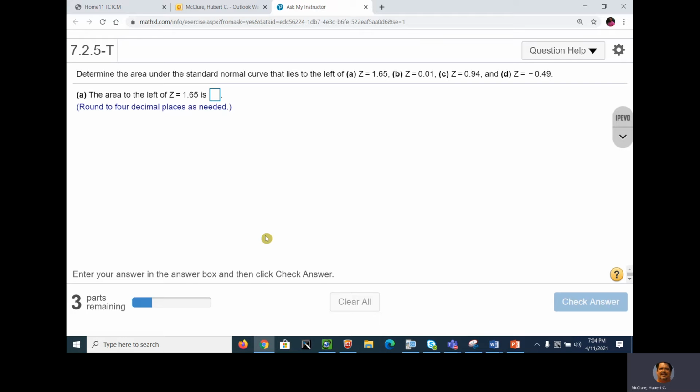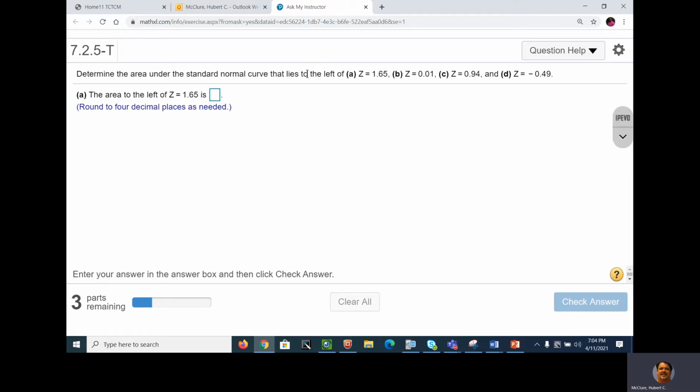And here also. All right, so I'm going to draw the first one, 1.65. It says equal 1. So all of these are equal. And it says determine the area that lies to the left of these numbers. So 0, 1, 2, 3, -1, -2, -3, 0, 1, 2, 3, -1, -2, -3.